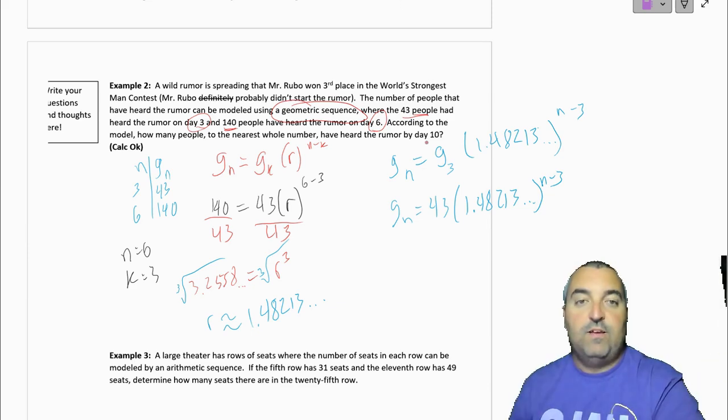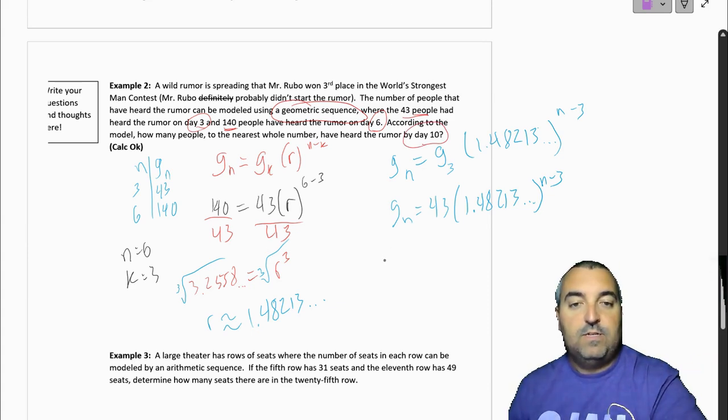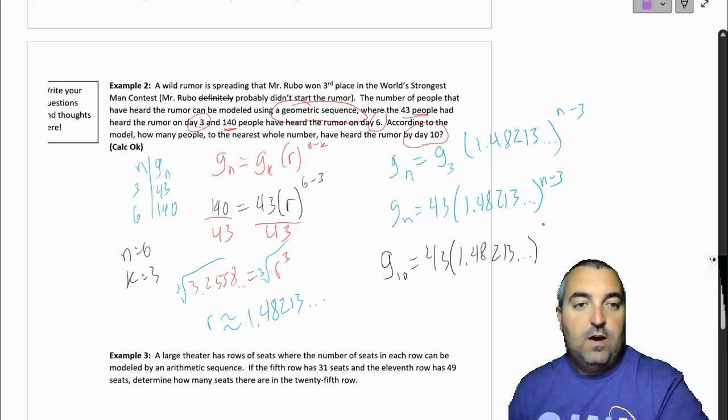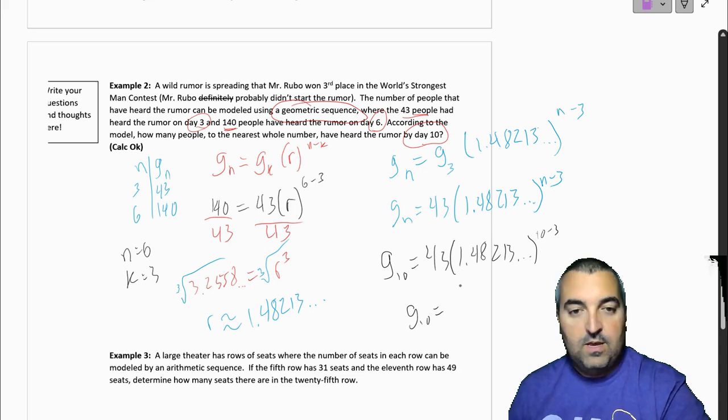But now I actually have to answer the question, which is at day 10, which means I'm finding g of 10. Again, I'm going right to my calculator for this, but I'm writing out the steps for the sake of this video. So I got 10 minus 3, which would be 7 up here. I'm typing this all in, and you would get about 676 people.